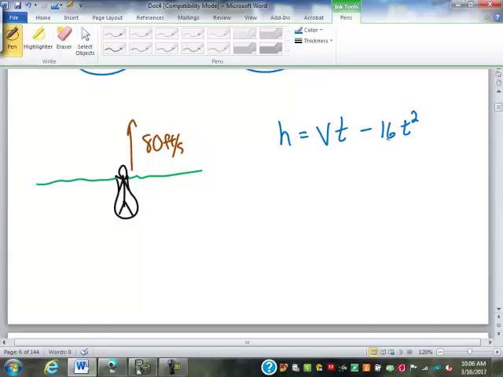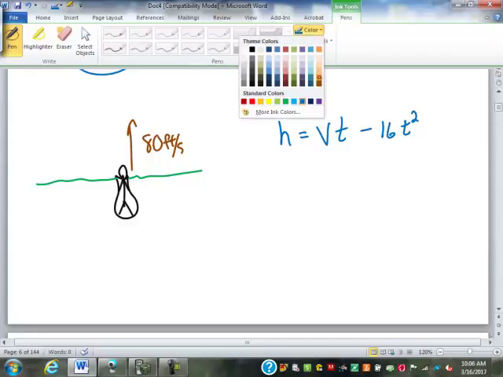The 16 is 1/2 the acceleration of gravity. The acceleration of gravity is 32 feet per second squared. Half of that is 16. So it's part of the formula. It's initial velocity times time minus 1/2 of g times time squared. But anyway, that's the formula.